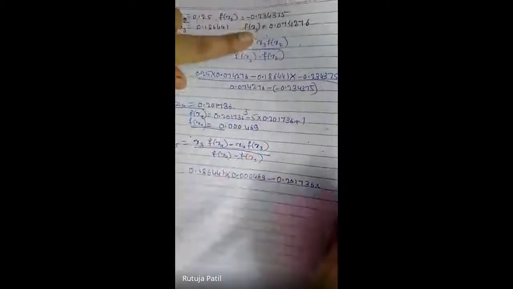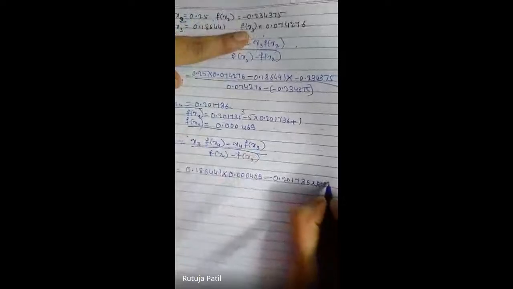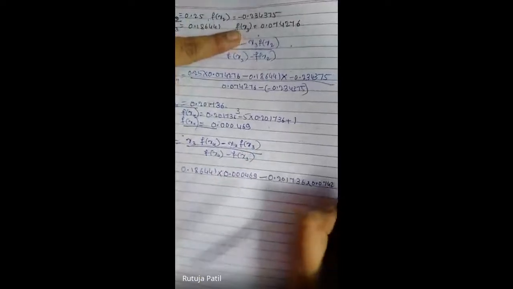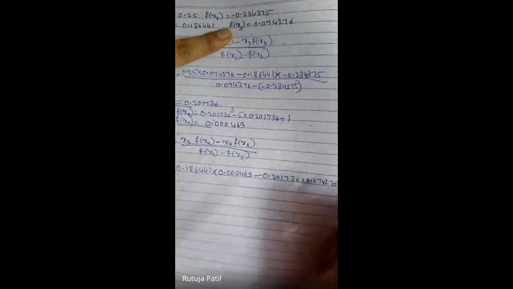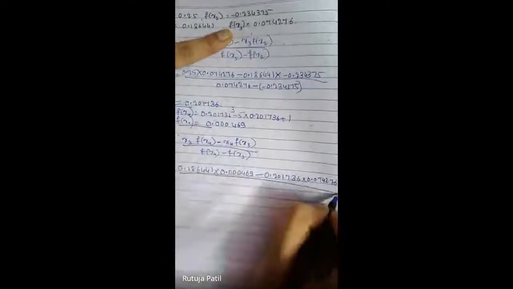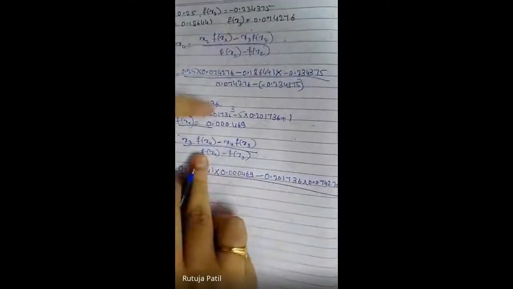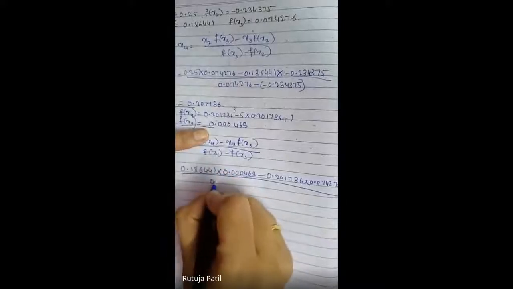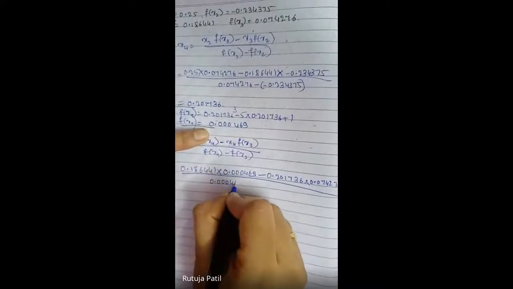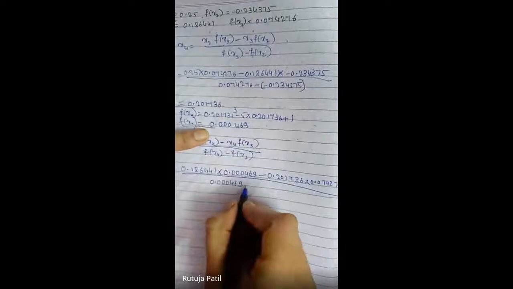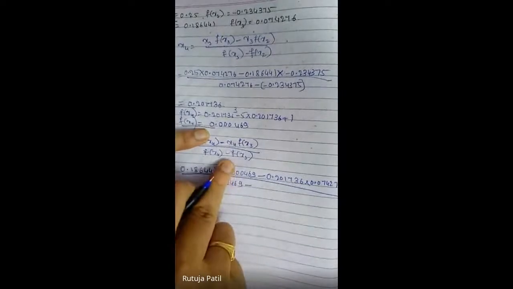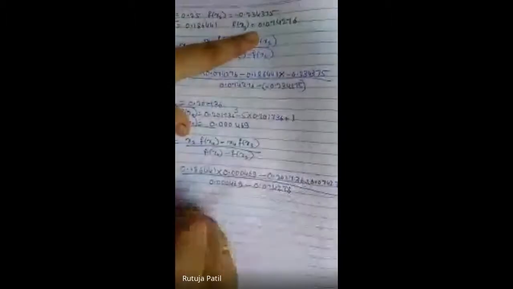That is this value, right? So 0.074276, whole divided by f of x4, this one, 0.000469, minus f of x3, this value, 0.07427. So calculate this, then we will get the x5 value, right?